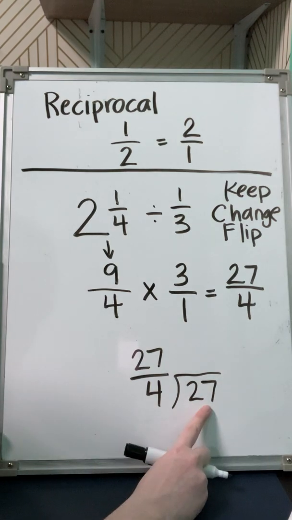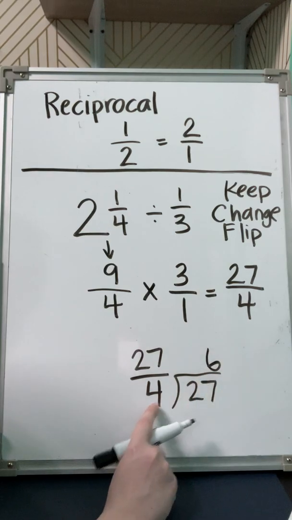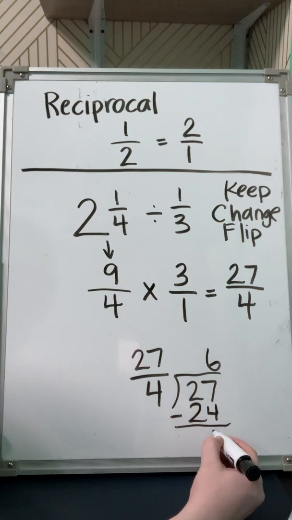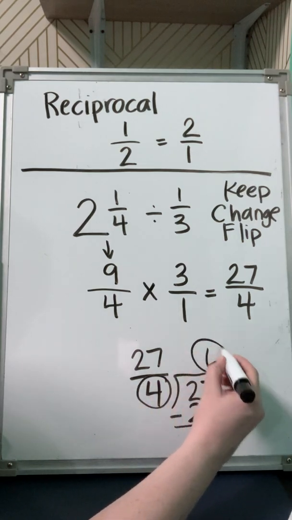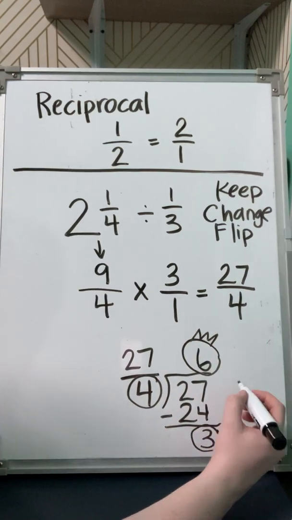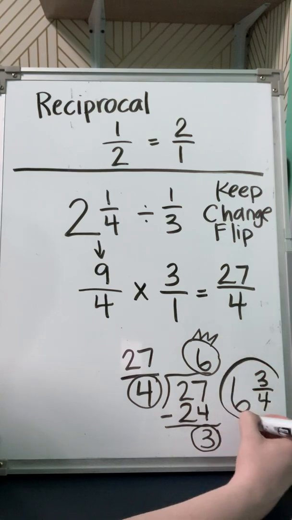Okay, so 4 can fit into 27 6 times. 4 times 6 is 24. We're going to subtract, and we get 3. So I'm going to circle my 3 important numbers, give this one a crown. So that means that my answer is 6 3/4.